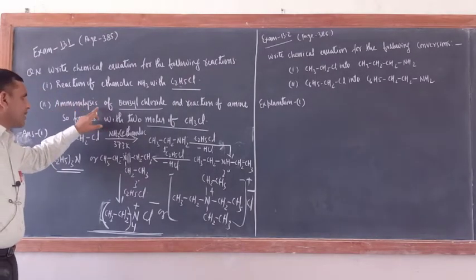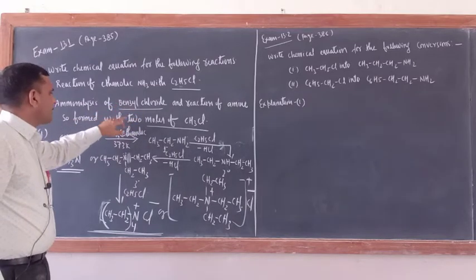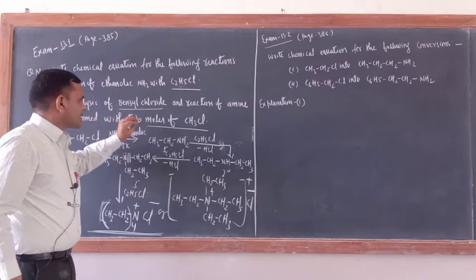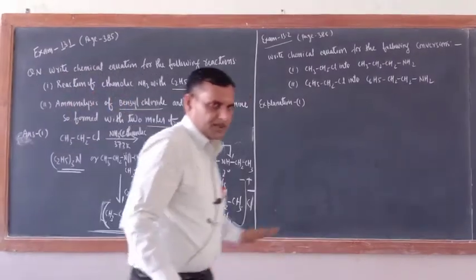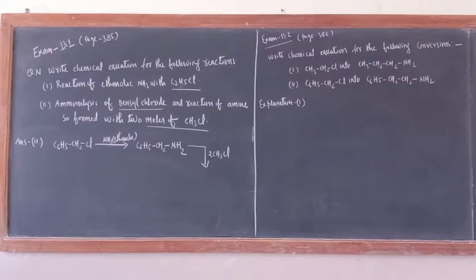Second one: ammonolysis of benzyl chloride and reaction of the amine so formed with 2 moles of CH3Cl. Let me first wipe this out, afterwards we'll explain the second one.